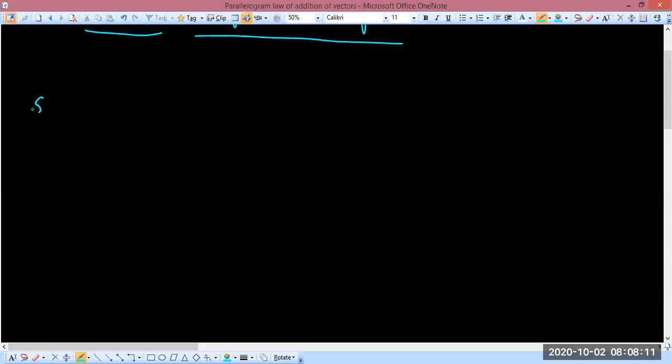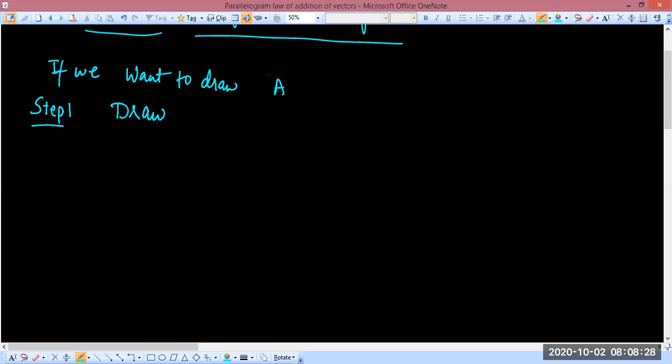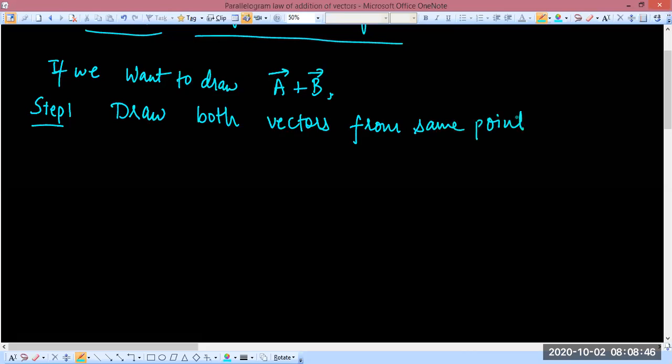So step 1. Let's say we want to draw a vector plus b vector, okay, suppose we want to draw this. So step 1 is draw both vectors from the same point, that is with common tail.